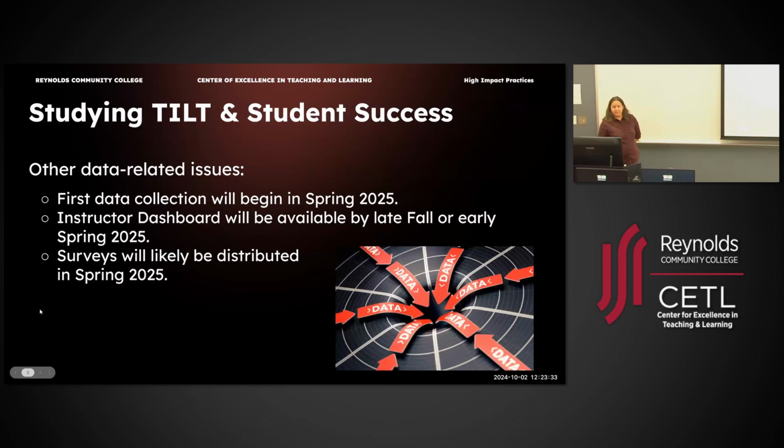So there are other data-related topics to think about when it comes to TILT and student success. The first official data collection that the college is going to do, when it starts looking at how this may have impacted student success rates, is really going to begin in spring 2025.